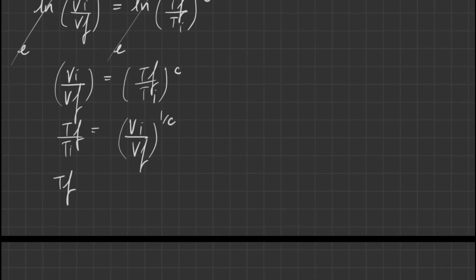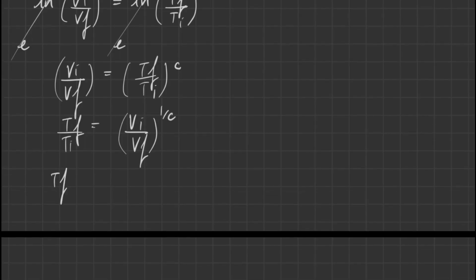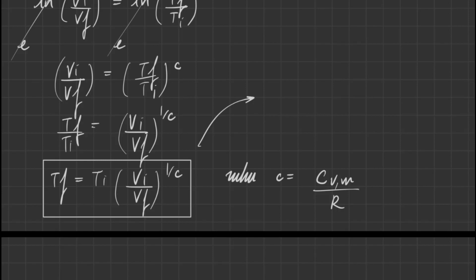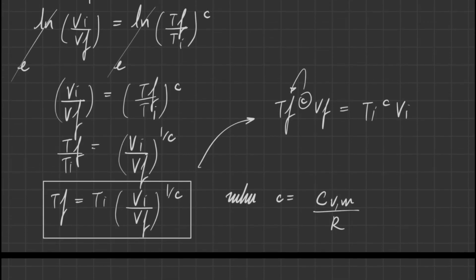And then we rearrange to find the final temperature, which is equal to the initial temperature times the initial volume over the final volume to the power of 1 over c, where c is equal to the molar heat capacity at constant volume over R. Also, you can write it like Tf^c Vf is equal to Ti^c Vi, where the c is with the temperature term.